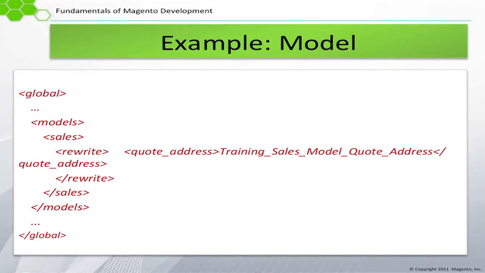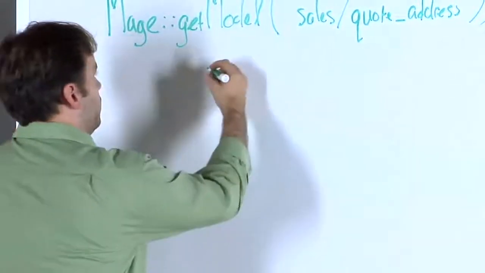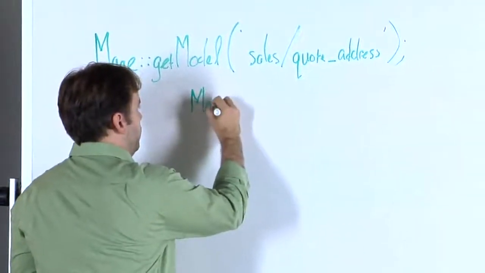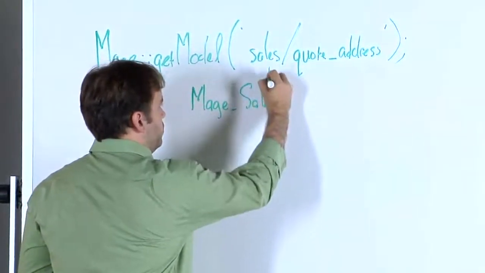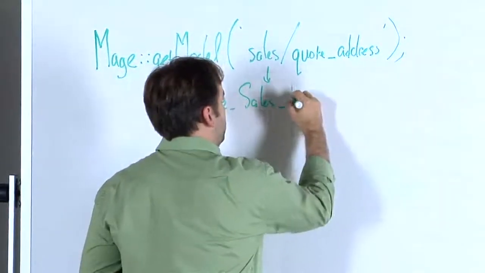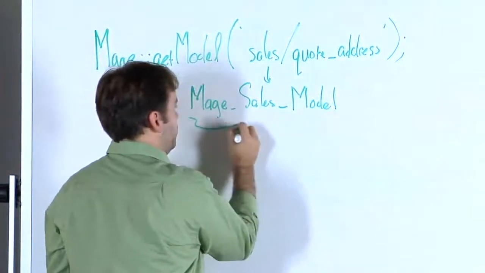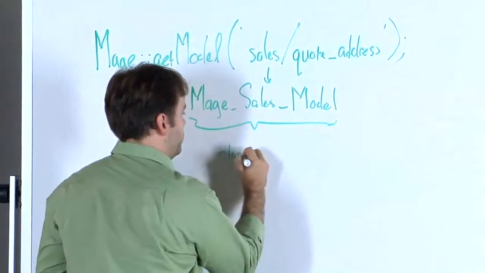We're going to take that class prefix, and we're going to add quote address to it, which would give us this class of, let's see, Mage sales model. Again, this is the class prefix.